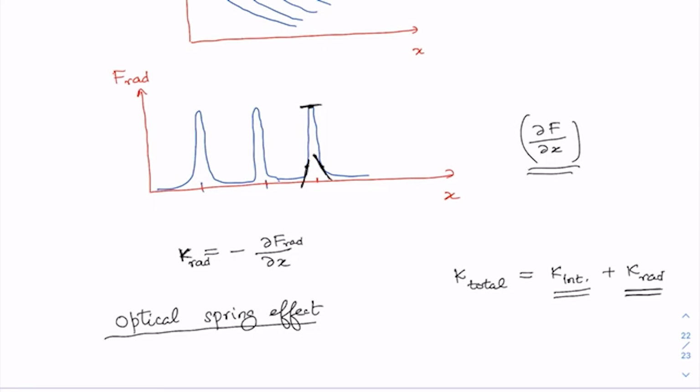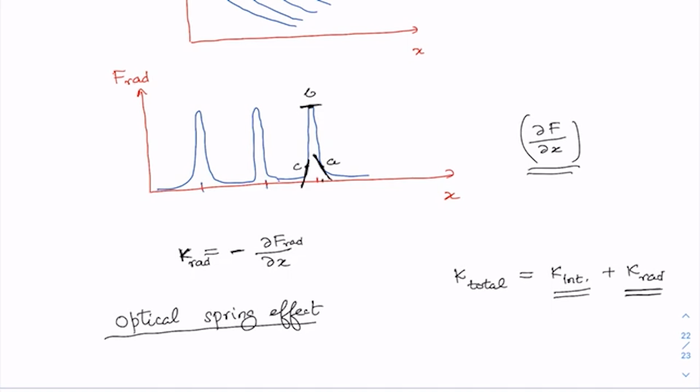Now if the slope is positive, the spring constant would be negative, right? On the other hand, at this position the slope is negative, so the spring constant would be positive. So let us say this is my position A, this is my position B, this is my position C of the mirror.